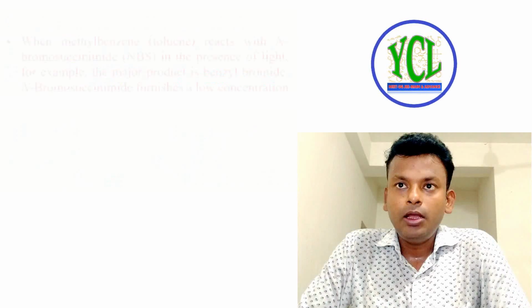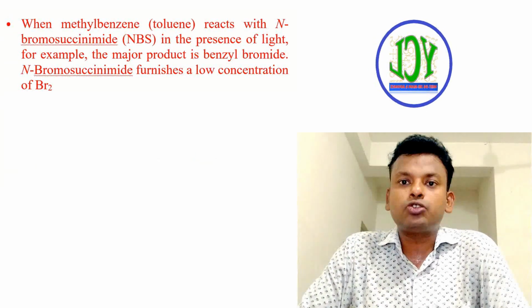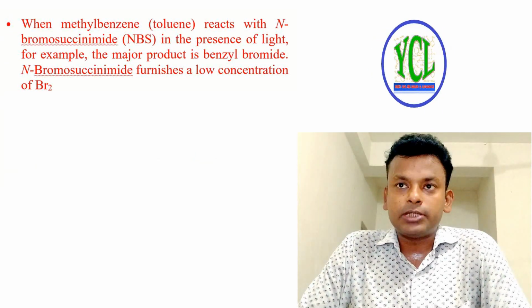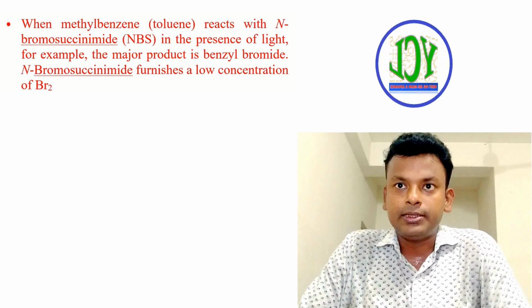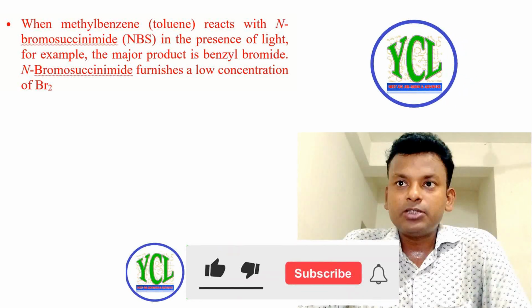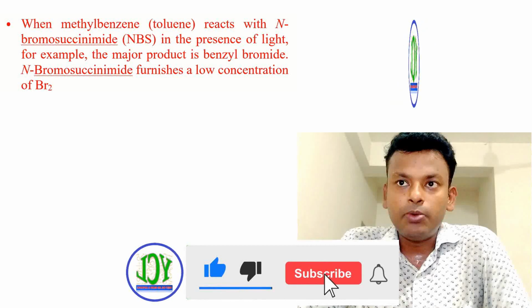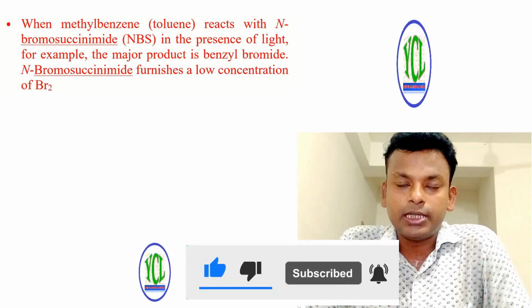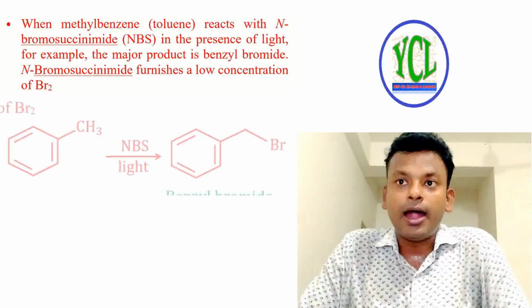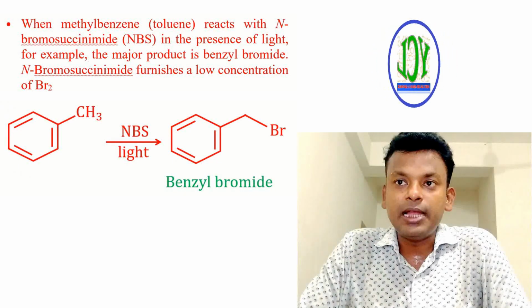So next, when methylbenzene, that is toluene, reacts with N-bromosuccinimide in the presence of light, the major product is benzyl bromide. N-bromosuccinimide furnishes a low concentration of Br2. The reaction is given, that is the benzyl bromide.